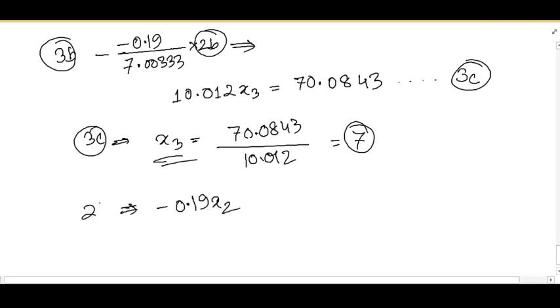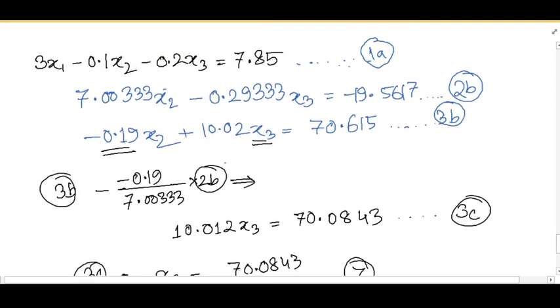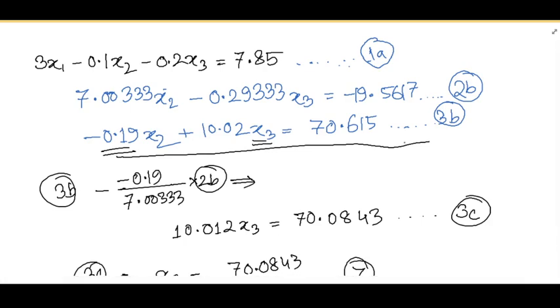We are using here 2b, and from 2b we'll be writing, although we can use 3b, but remember one thing, this is the procedure which you must maintain. You can also use, as I have shown there, 3b for calculating the value of x2. It's true that you can use 3b.